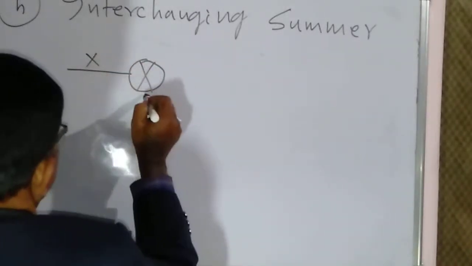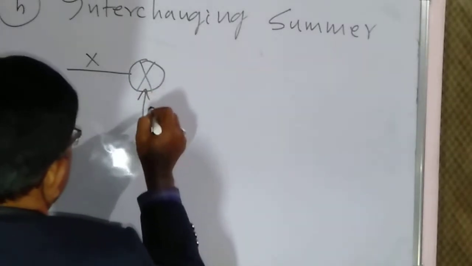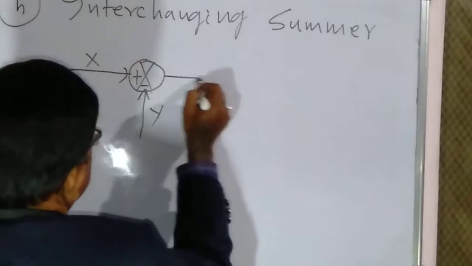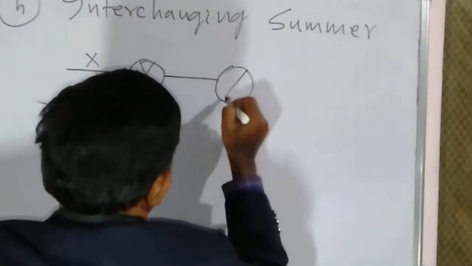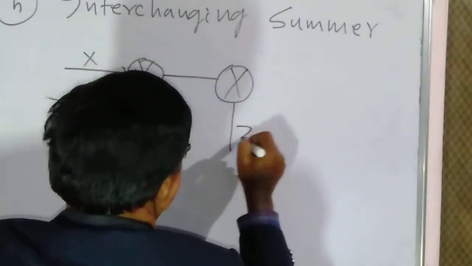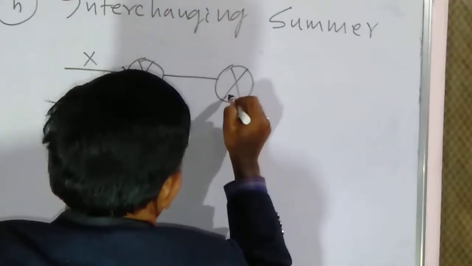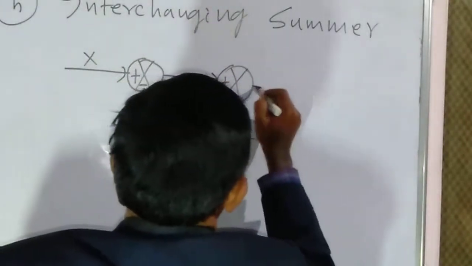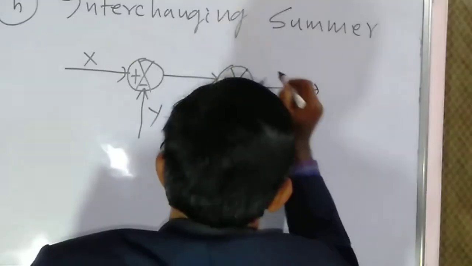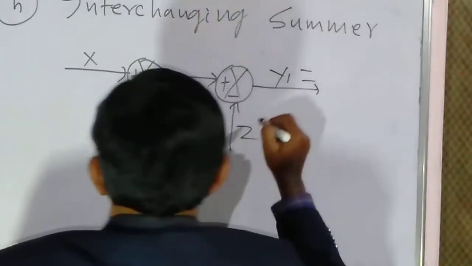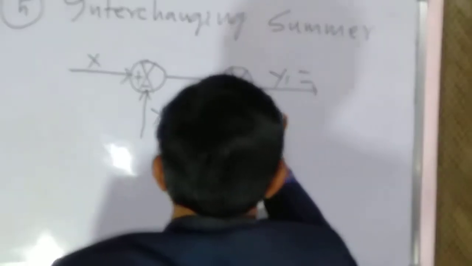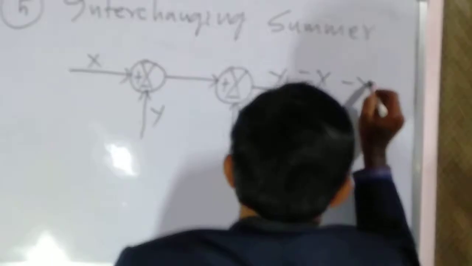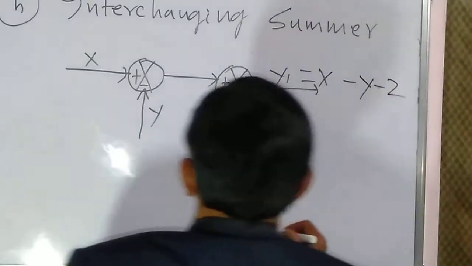Let us assume that this is x and this is y, plus minus, and this is z. So the output y1 is equal to, let us assume, x minus y minus z.